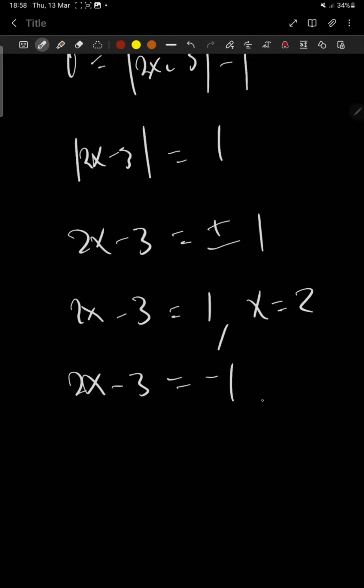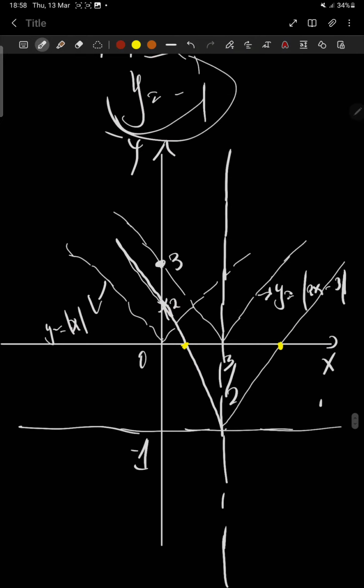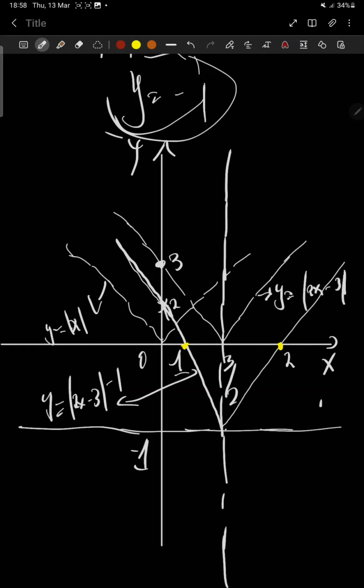Here x is equal to 2, and here x is equal to 1. So this point is 1 and this point is 2. That's your graph: y is equal to modulus of 2x minus 3, minus 1. That's how you sketch this graph.